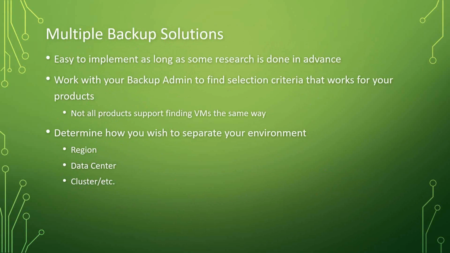So you do need to work with your backup admin and/or your backup vendor to find what selection criteria works for all your products. We actually ran into this with our company when Ariel and I were implementing this. We found that certain feature sets, such as tags, were supported with one product, one version, but not with a different version. And another product wouldn't support it at all. So we had to find a common ground to use for our selection criteria.